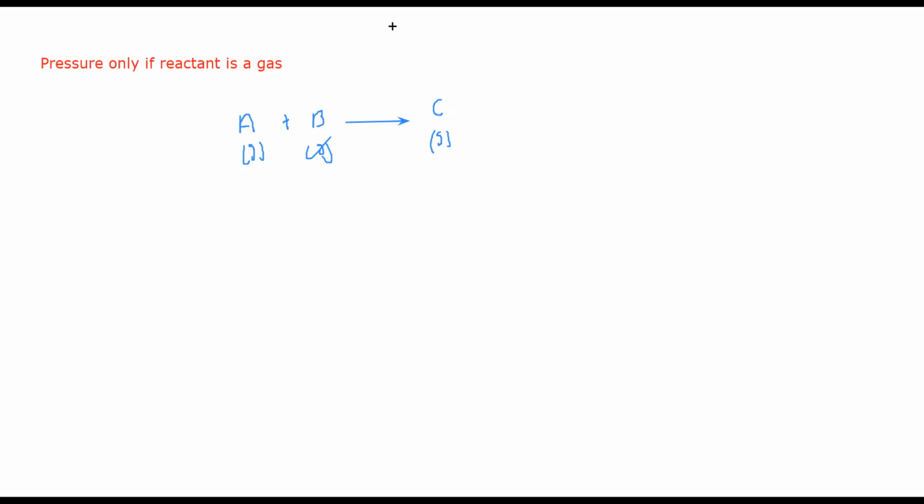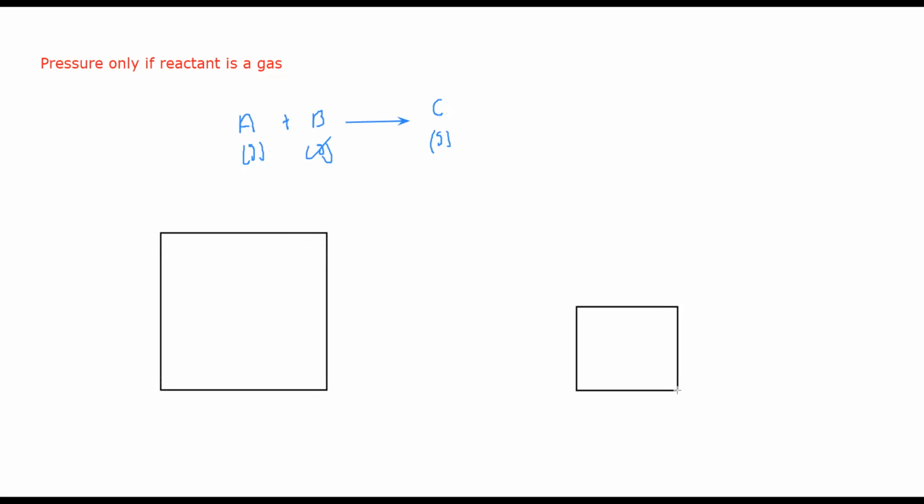How does the pressure affect it? For a reaction of a gas, it should be inside a container. So for example, you have two containers which are filled with the same amount of two gases at the same temperature.